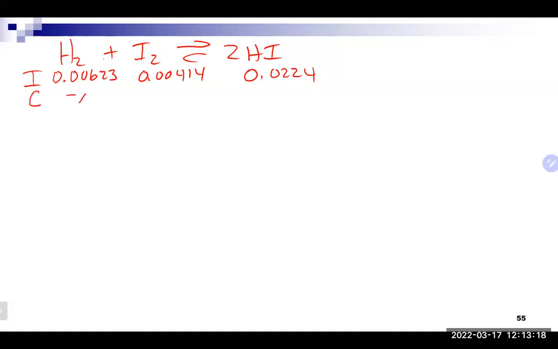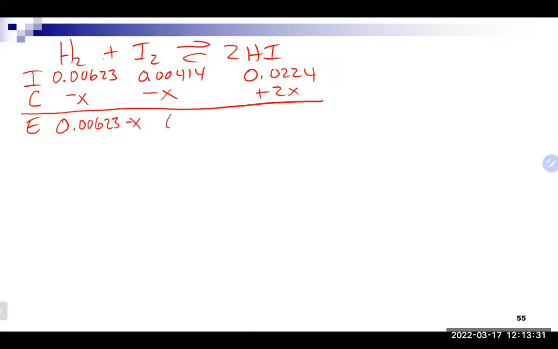This is going to be minus x, minus x, and plus 2x. That means at equilibrium here, we've got 0.00623 minus x, 0.00414 minus x, and 0.0224 plus 2x in this case. Any questions on the ICE table here?